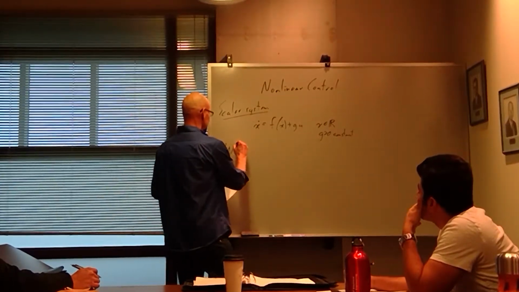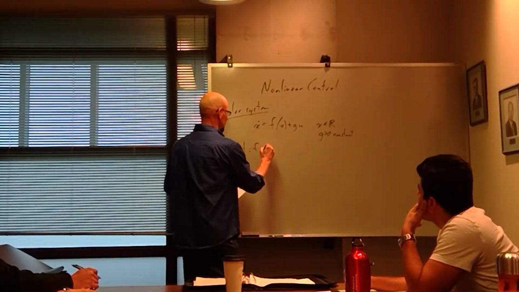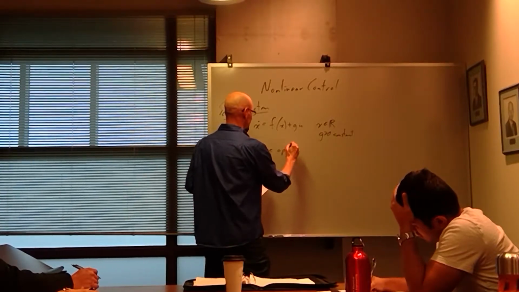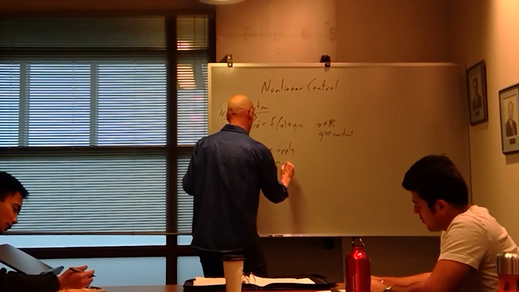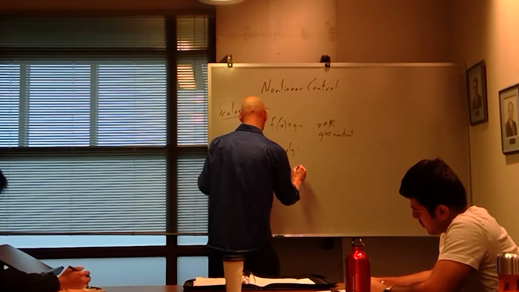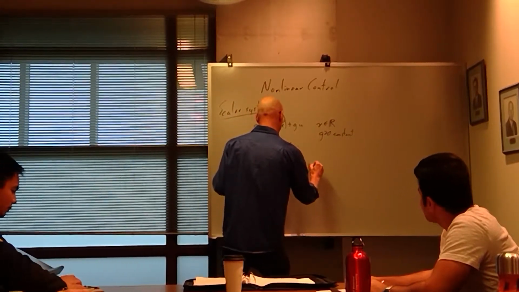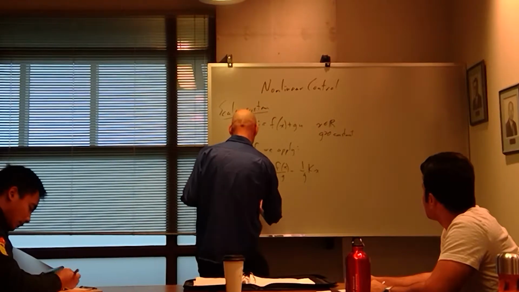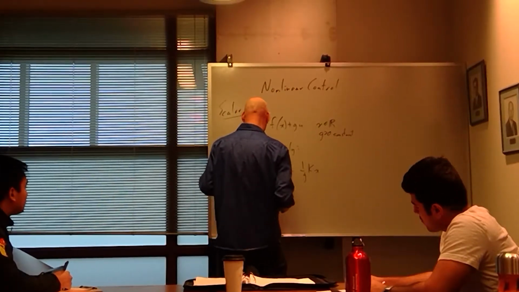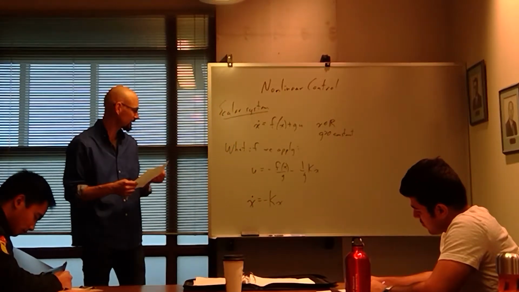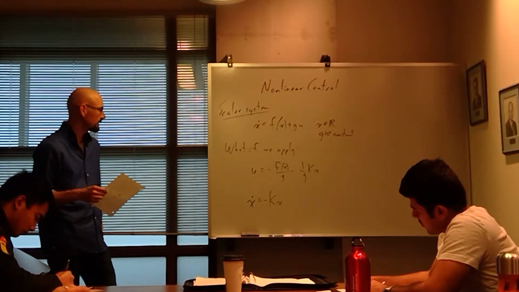So I guess the simplest thing to try would be u equals minus f of x over g minus 1 over g kx. And then x dot equals negative kx, where k is a positive constant control gain. What kind of system is that?